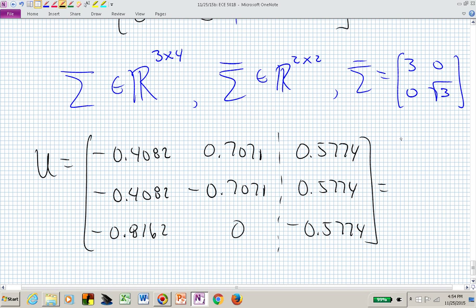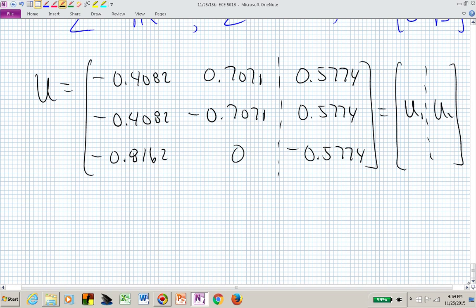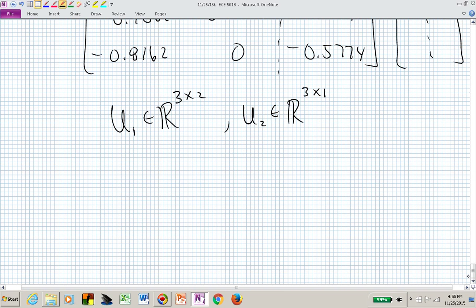I've now partitioned this into U1, which is 3 by 2, and U sub 2, which is 3 by 1. And here's where we are actually getting some good information.